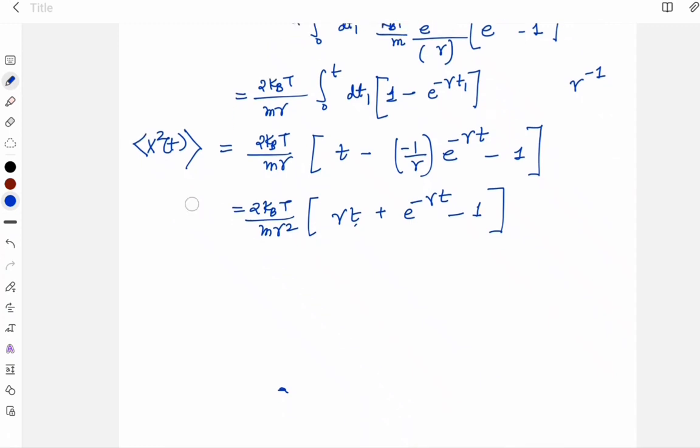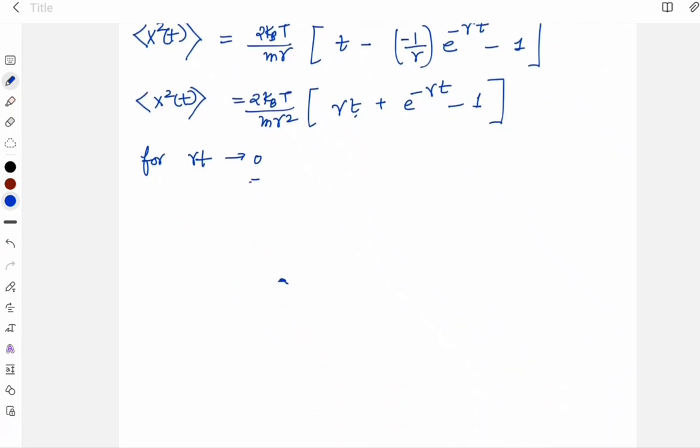So this is the mean square displacement. Now you see two limits for γt: tending to 0 and tending to infinity. Let us look at γt tending to 0 first. We can expand this exponential in that limit.